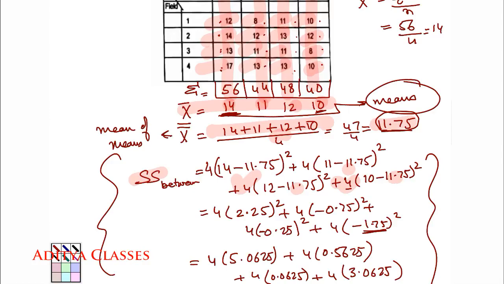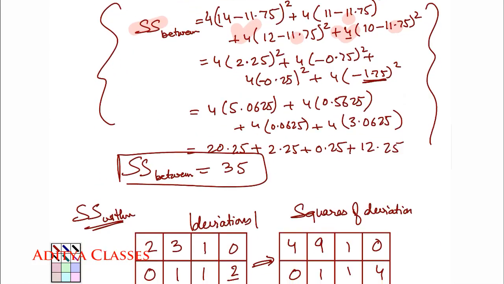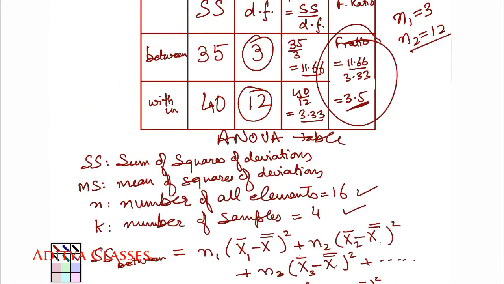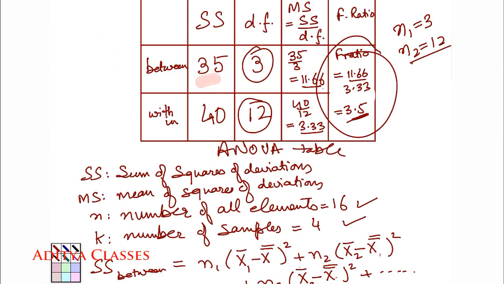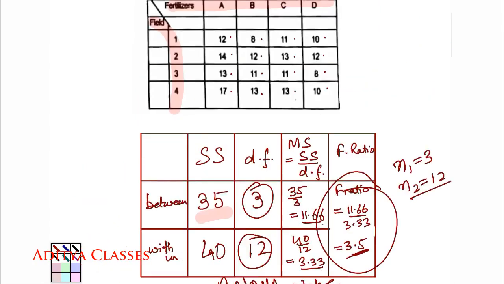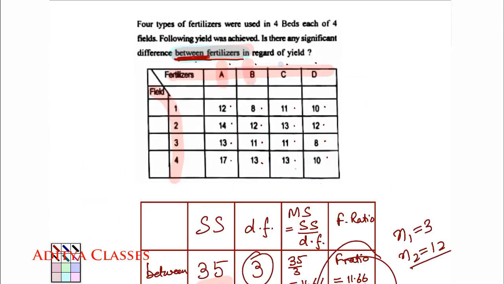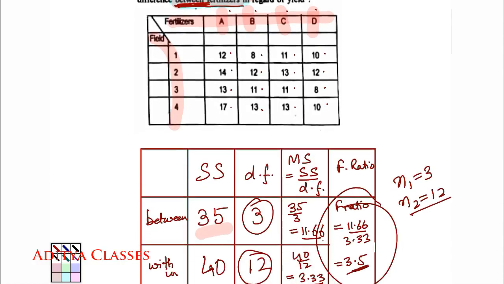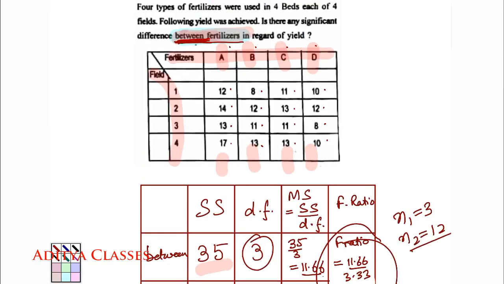So this is what we did. After solving this, I got SS between. I went to my ANOVA table, SS between. Then we had degrees of freedom, k minus 1. K is number of samples. We had 4 samples, 1, 2, 3, 4 samples. Remember, these are not your samples, though they are 4. Our samples are fertilizers, because we have to compare between fertilizers.